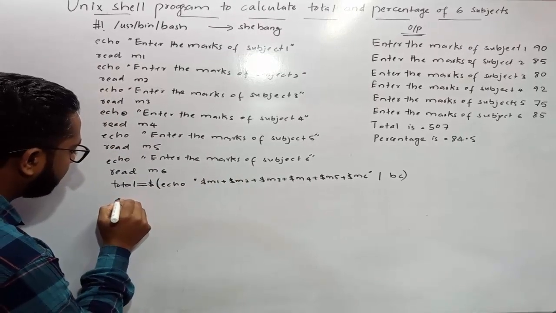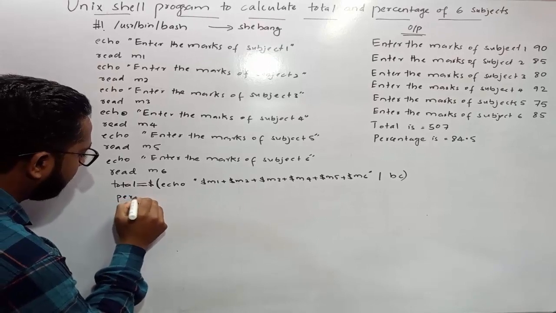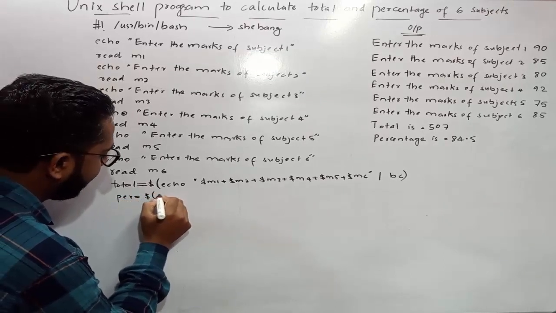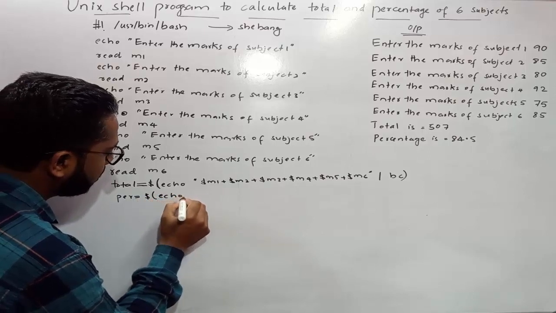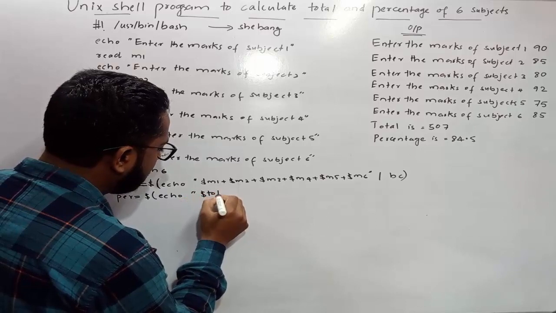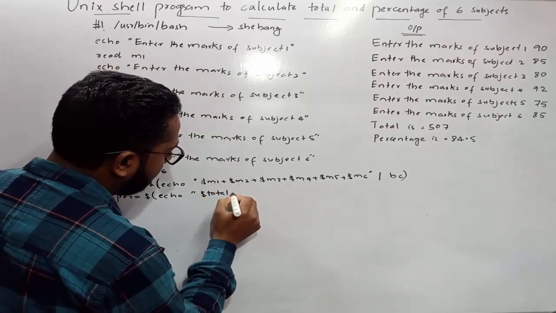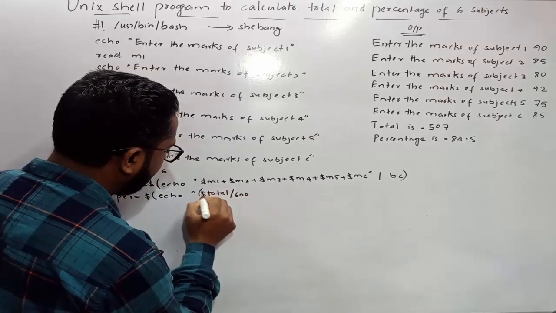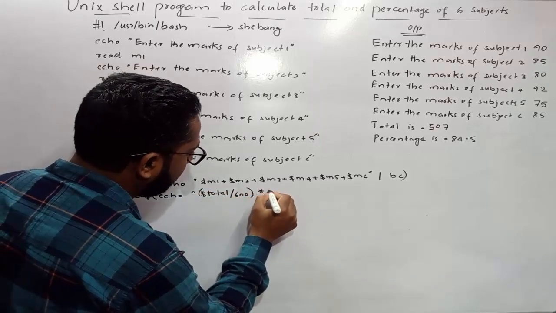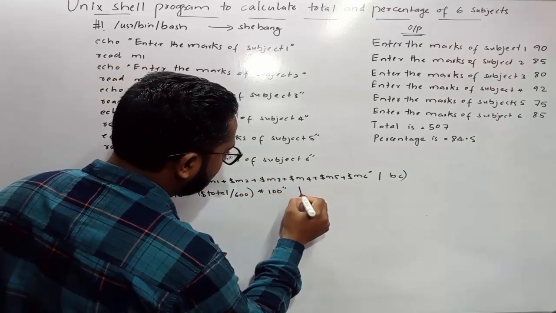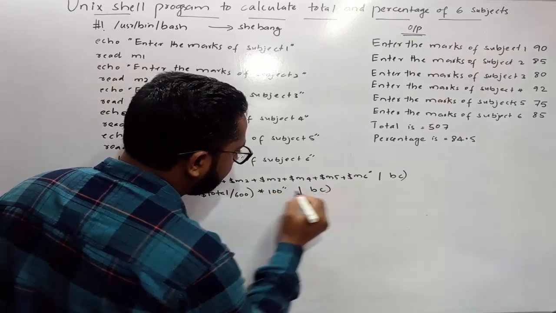I need to calculate the percentage. PER is equal to dollar bracket, then echo space double quote dollar total by 600 into 100, space pipe bc.